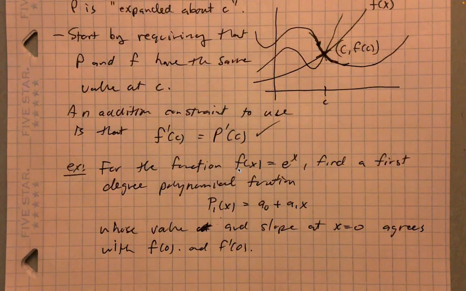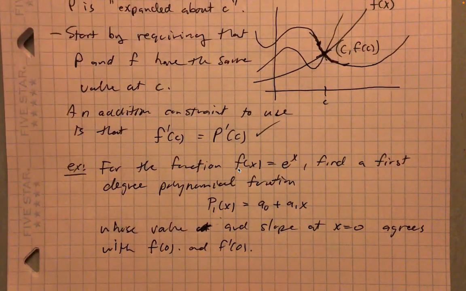We're going to do the thing we've just described, but with this specified function f of x equals e to the x and a first-degree polynomial. We're going to specify that the approximation, the polynomial P1, will be centered at, or if you prefer, expanded about, x equals 0.